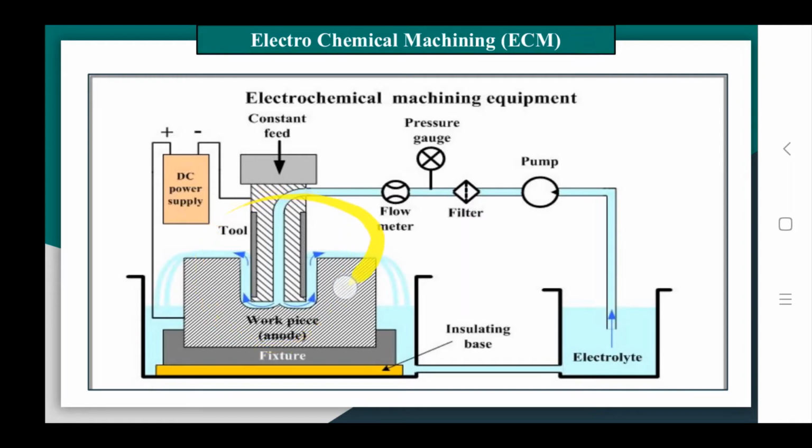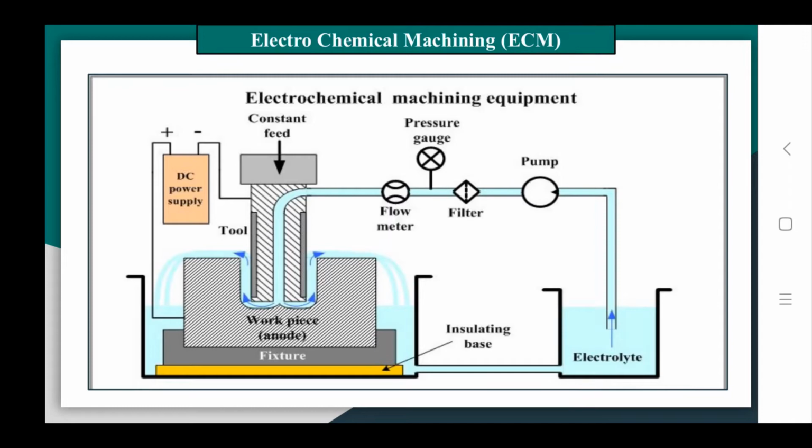No spark is generated. However, similar to EDM, the tool electrode and workpiece electrode are connected to two terminals of the electrical power source, and a small gap is maintained between them, filled with a suitable electrolyte.